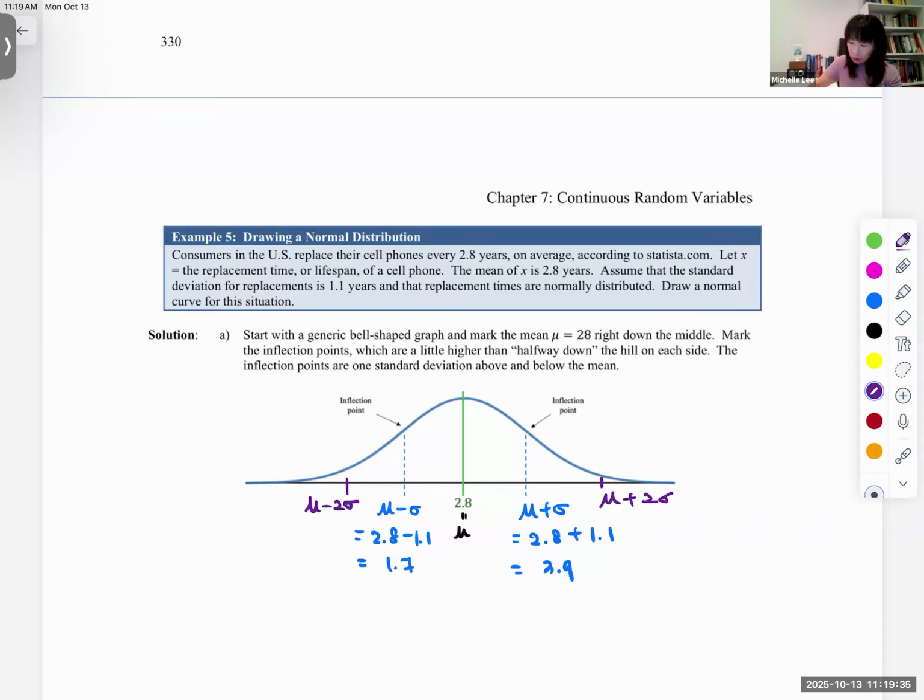And here is mu minus 3 times sigma, right? So there is no space, so let us do that here. How about mu minus 2 times sigma first? So mu, which is 2.8, minus 2 times sigma, which is 1.1. Can you please calculate?